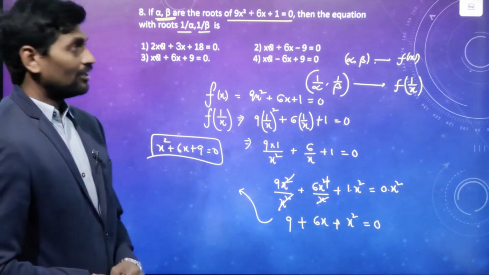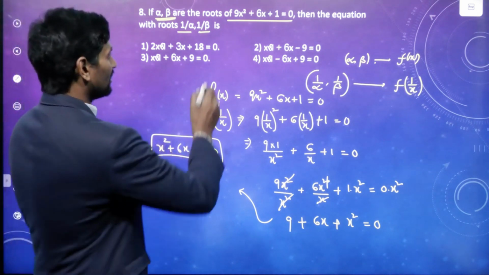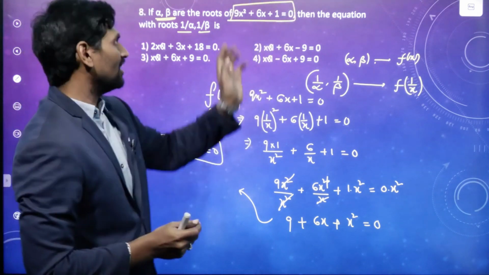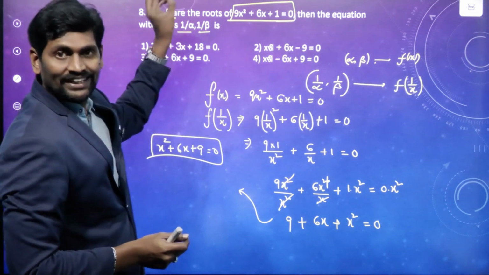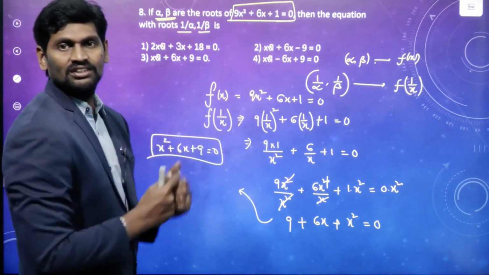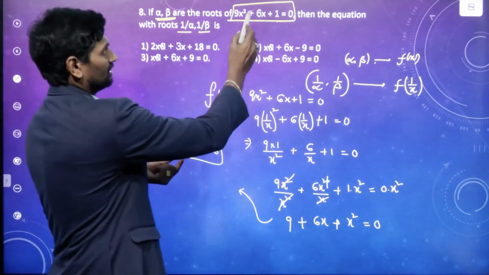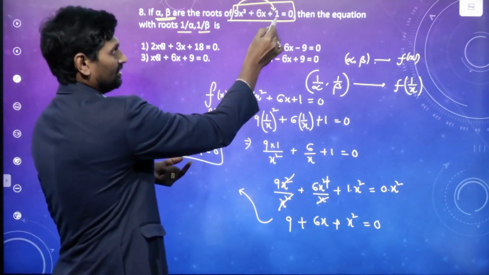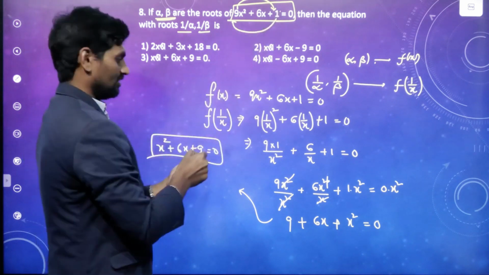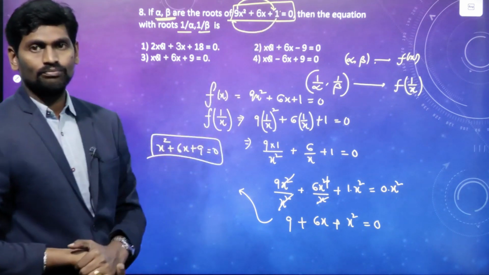So simply, while you are observing these two equations, clearly check the position of the constant term and the x square term. That means the x square coefficient and constant term only change. See, this 9 came here, this 1 came here. 1 into x square, 9 into 1, 9. Middle term is the same.